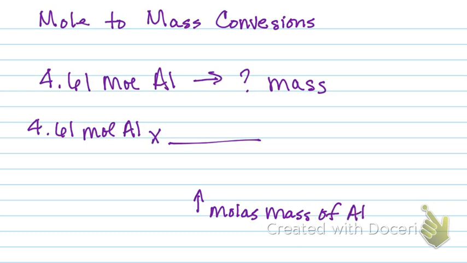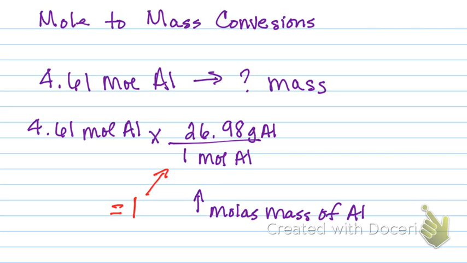What I mean by that is if I have 1 mole of aluminum, what's the key part about that has to happen in this conversion factor? It must be equal to what? Must be equal to 1, right? Well, the same thing holds true here. If I have 1 mole of aluminum, how many grams do I need to have? Well, as per the periodic table, I need to have 26.98 grams of aluminum.